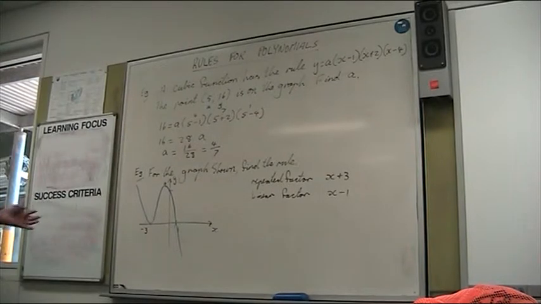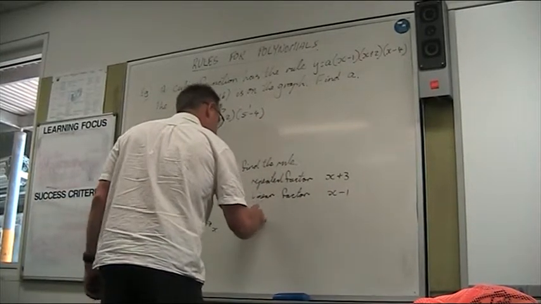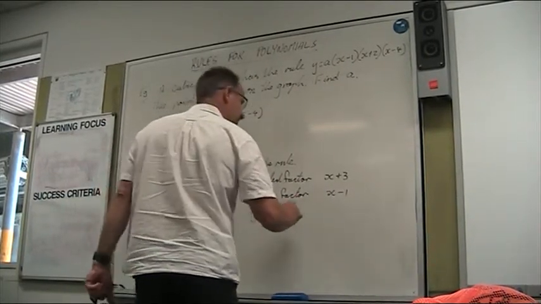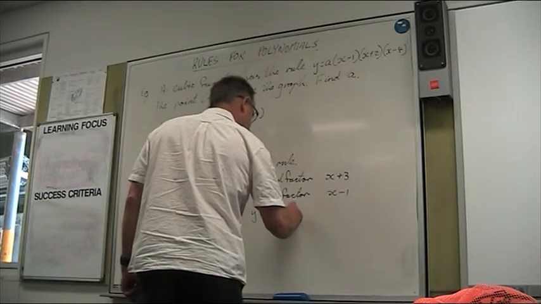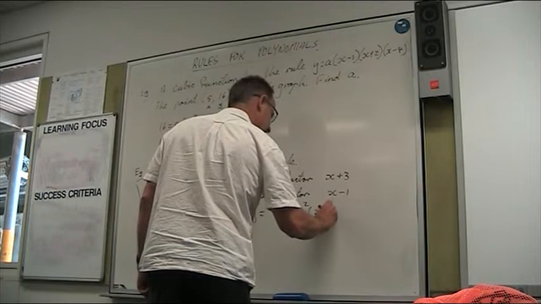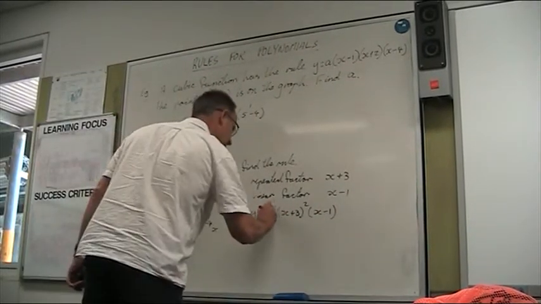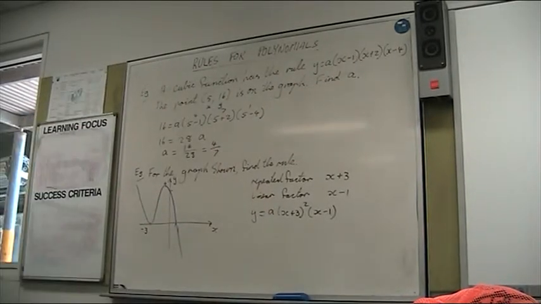And then there may be some dilation. So when we write what the equation would be, y equals something, so it would be (x plus 3), and because it's a repeated factor, it's squared, and then (x minus 1). Because there may be some dilation, we put the a in there.